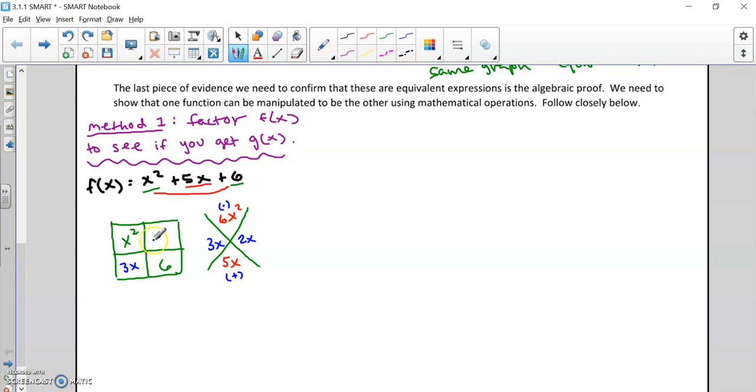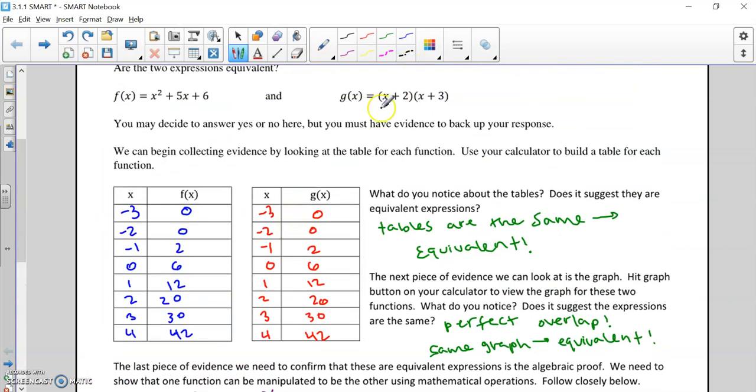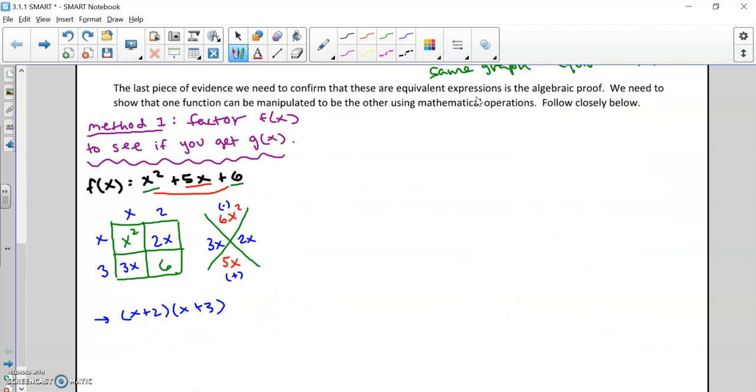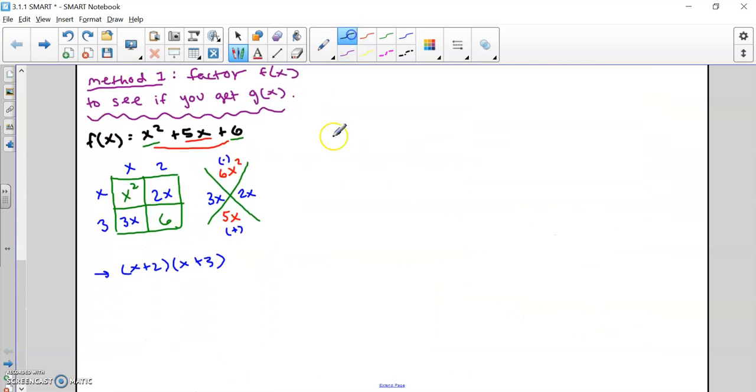All right, so now on the outside we know that it's going to be x and x to make x squared. 3 goes here and 2 goes here. Our final factored form ends up being x plus 2 times x plus 3. Okay, and sure enough, if we look back up at g of x, that is the exact same equation, and that tells us that they are equivalent.